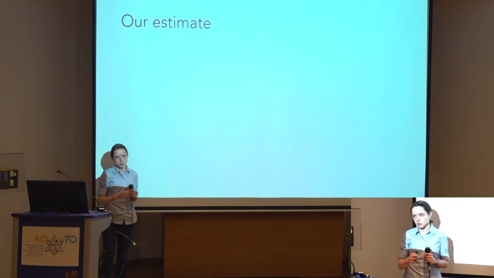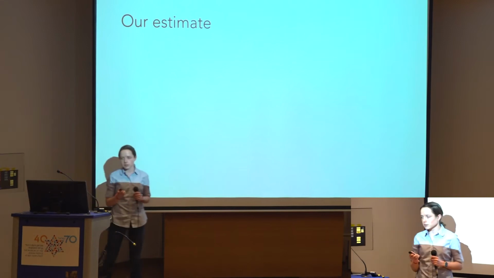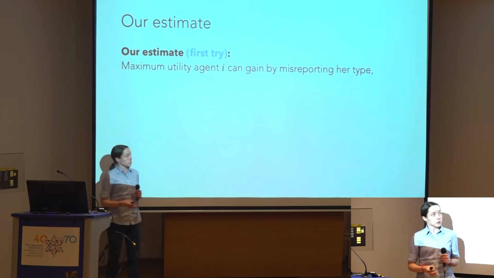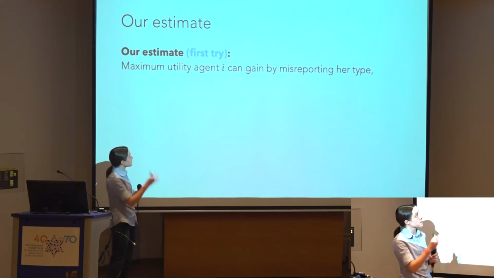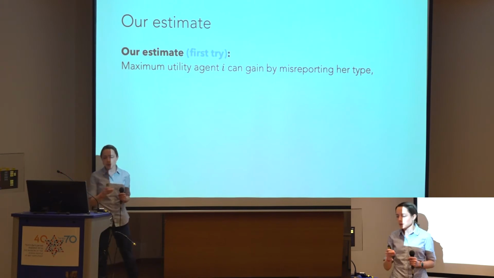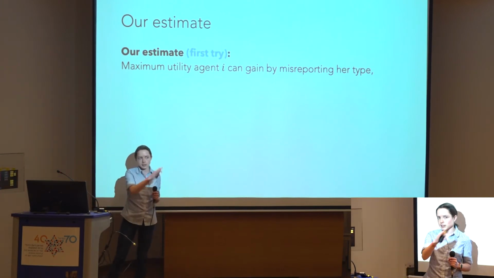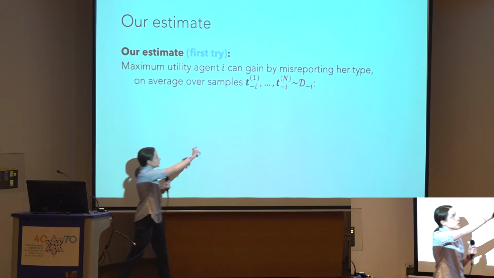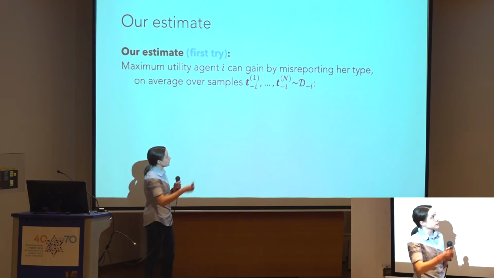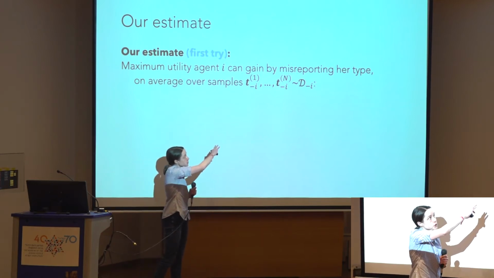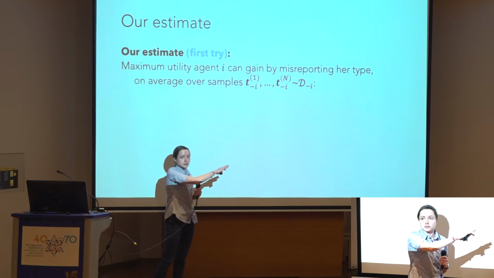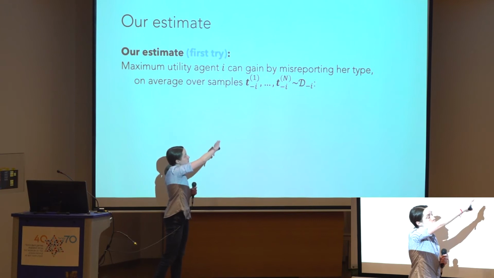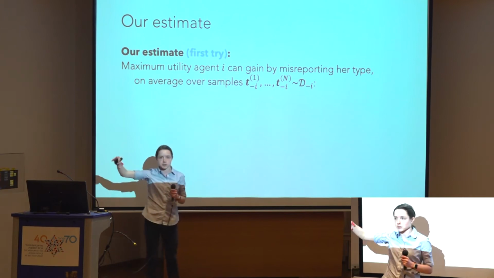Now I'm going to get to our estimate, but I'm going to start off with a first try, which isn't going to work. The first thing you might try is to measure gamma by measuring the maximum utility any agent I can gain by misreporting her type on average over samples. T minus I1 is a sample from the distribution over the other agents' types minus agent I, so T minus I1 up through T minus IN are n different samples from this distribution.